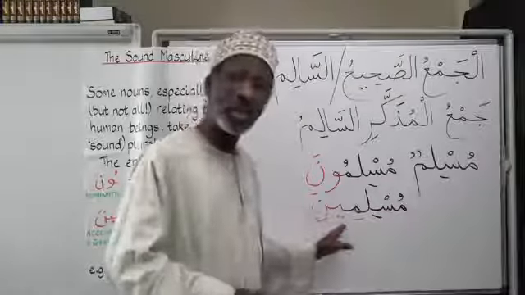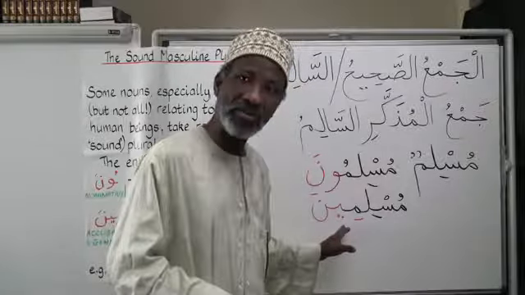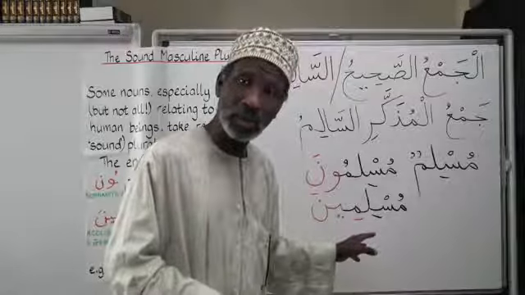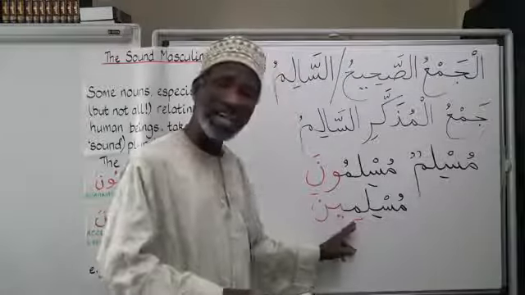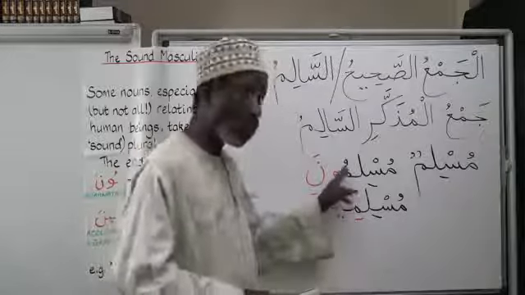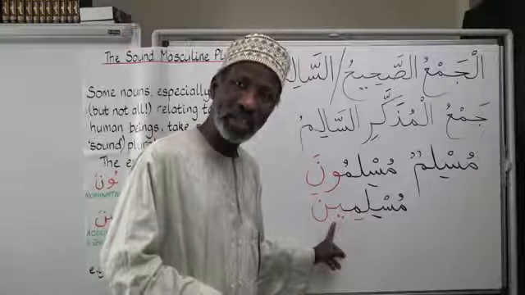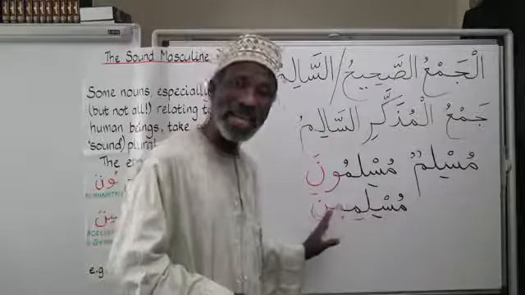Or later on, as you will learn, when we have plural in the accusative or genitive position, which is your nasb or jar, the ending is ina rather than una. It becomes kasra, extended using the ya and na, muslimina.